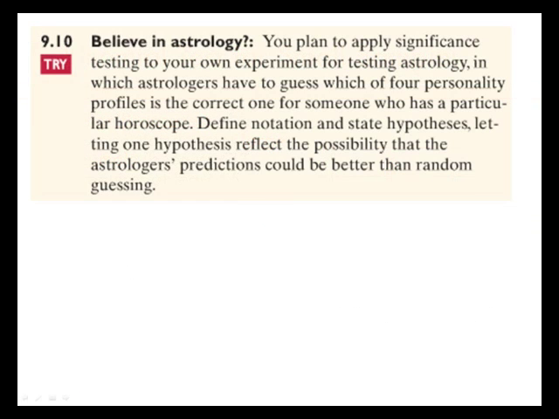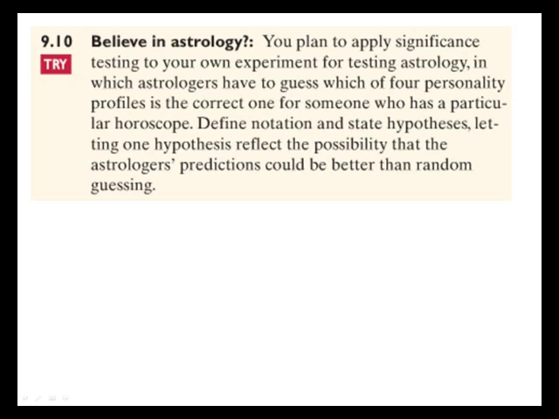You plan to apply significance testing to your own experiments of testing astrology. And in your experiment, you decide to give them 4 personality tests, 4 personality descriptions, one of which is right, and of course 3 are randomly chosen that are incorrect.